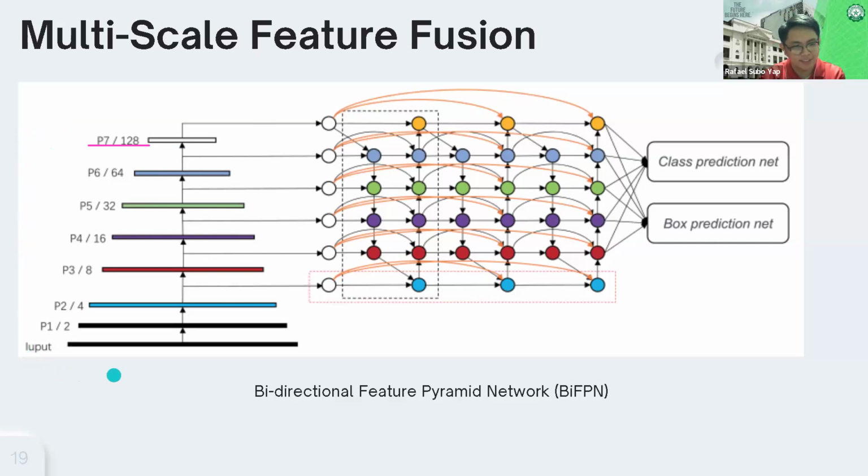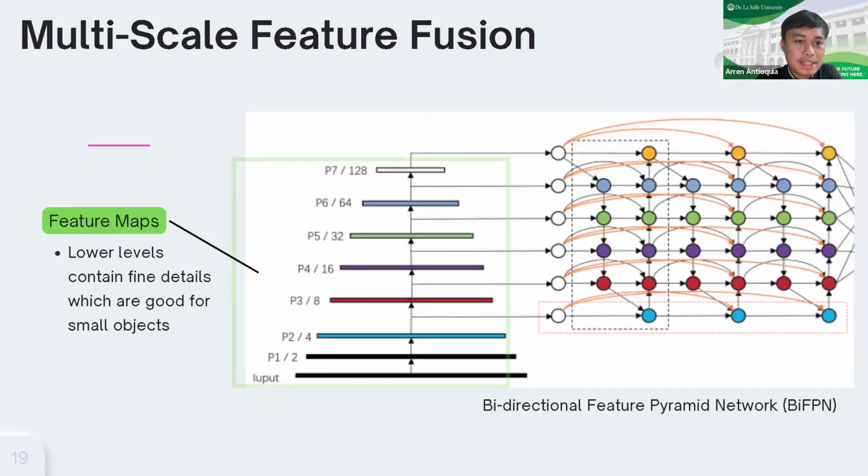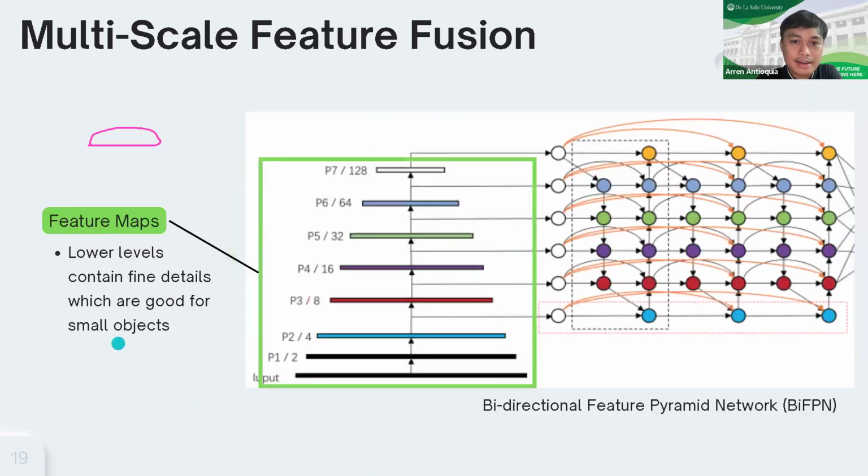That's the question. Could you explain, Rafael, what it means to have 128 there? So basically, it's like the scaling of the feature maps, right? Here in the lower resolution, you're basically having almost the full image now.